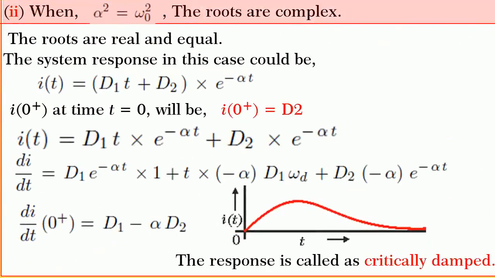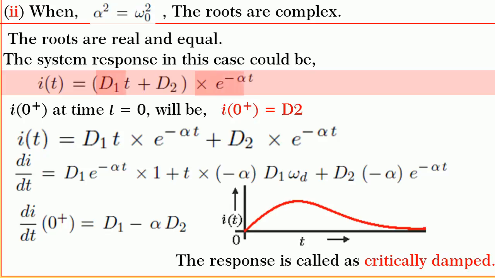If we consider case 3, when alpha square is equal to omega naught square, the system response in terms of two exponent components can be written as i of t is equal to d1 into t into e to the power of minus alpha t plus d2 into e to the power of minus alpha t.